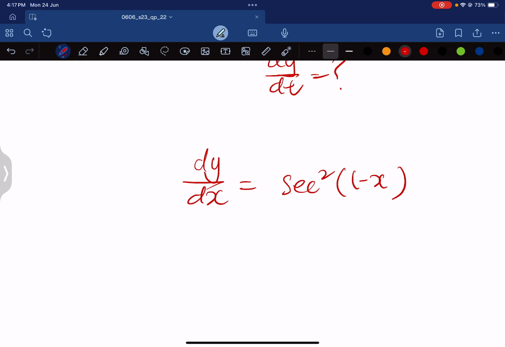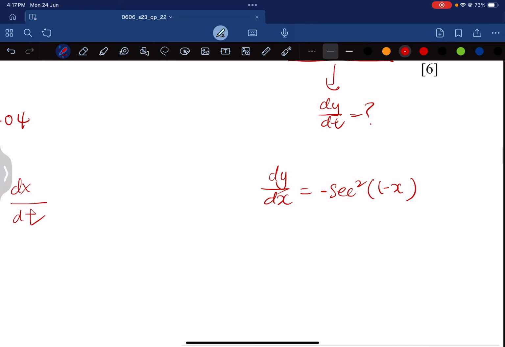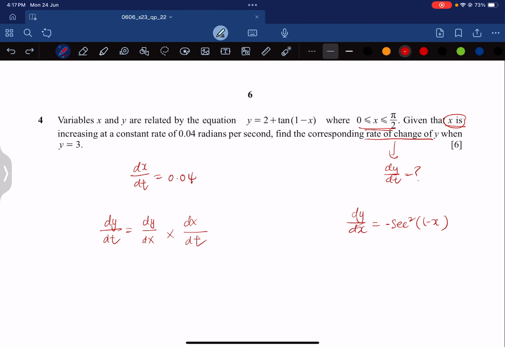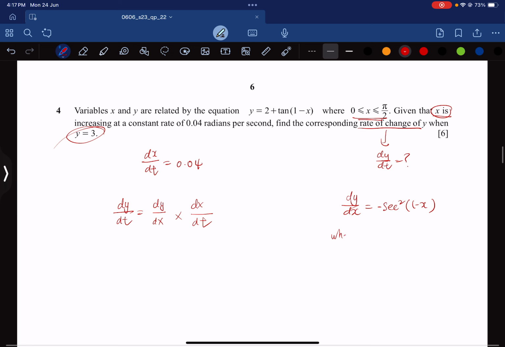By the chain rule, we need to multiply by an additional negative, since the derivative of 1 minus x is -1. But dy/dx depends on x, so we find the corresponding x when y equals 3.